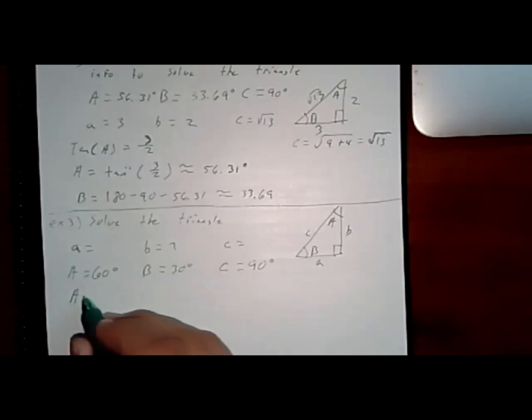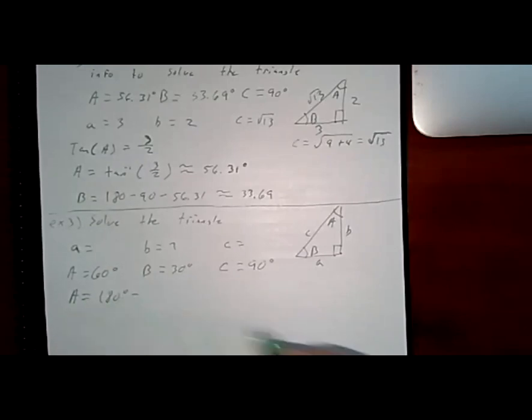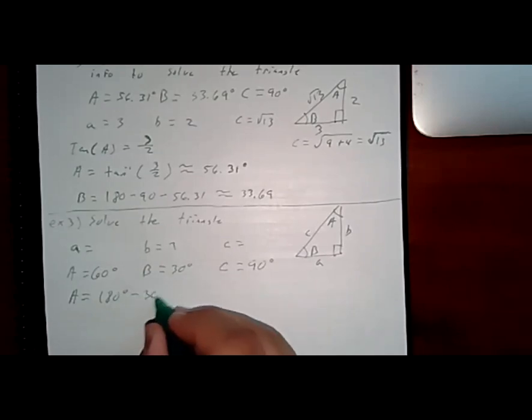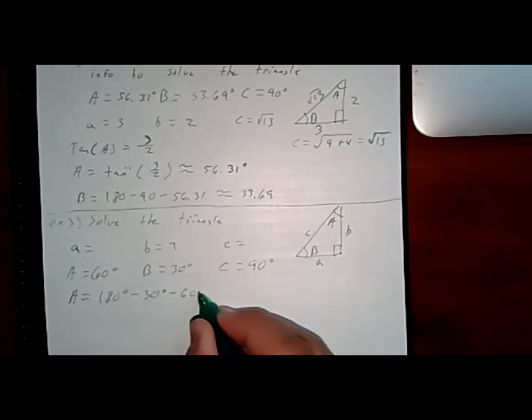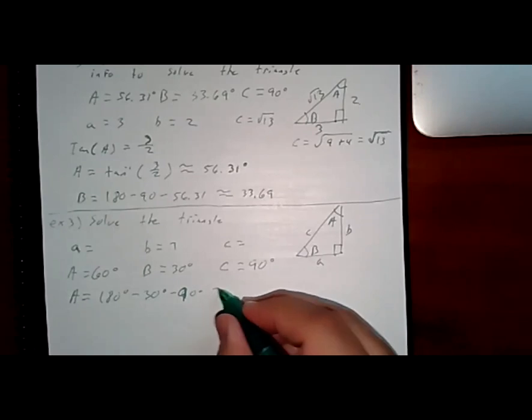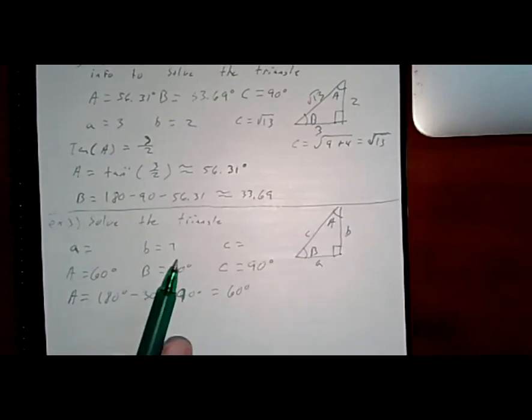And to show our work, in case you're wondering where that came from, it would be 180, the total, minus both of these angles. All right, so we got that side. All righty. So now we have to find the sides, right?